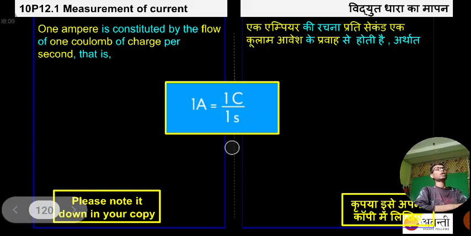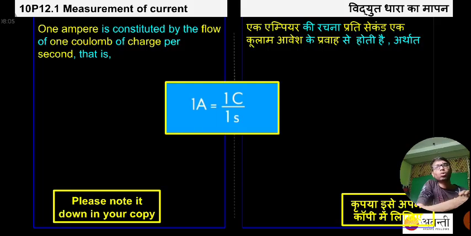In 1 second, how much charge will pass? 1 coulomb, and 1 coulomb is equal to about 6.28 times 10 raised to power 18 electrons. So in 1 ampere of electric current, this many electrons are passing in 1 second.